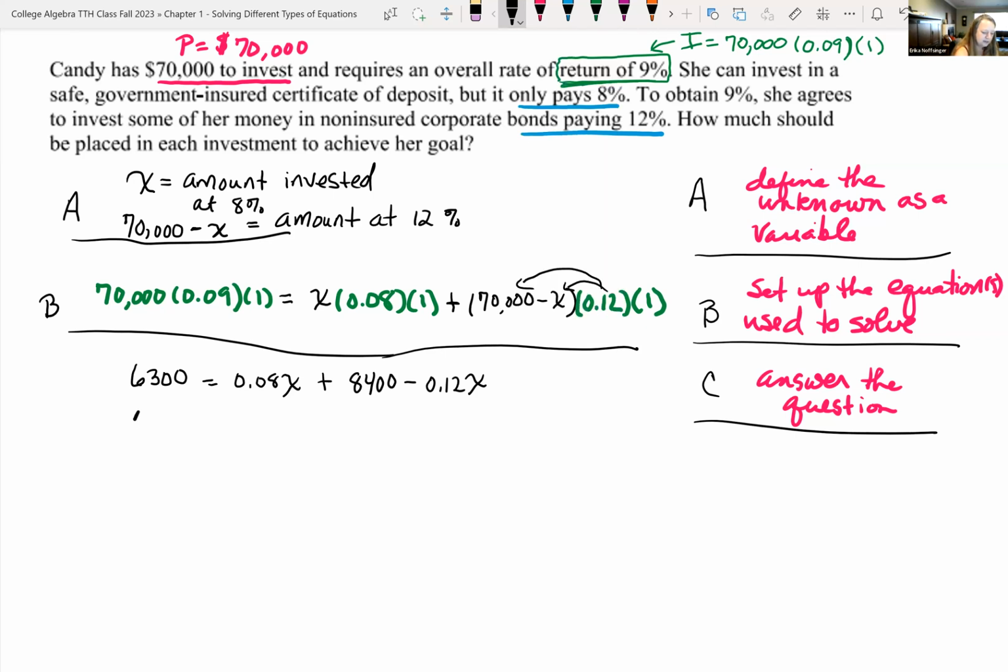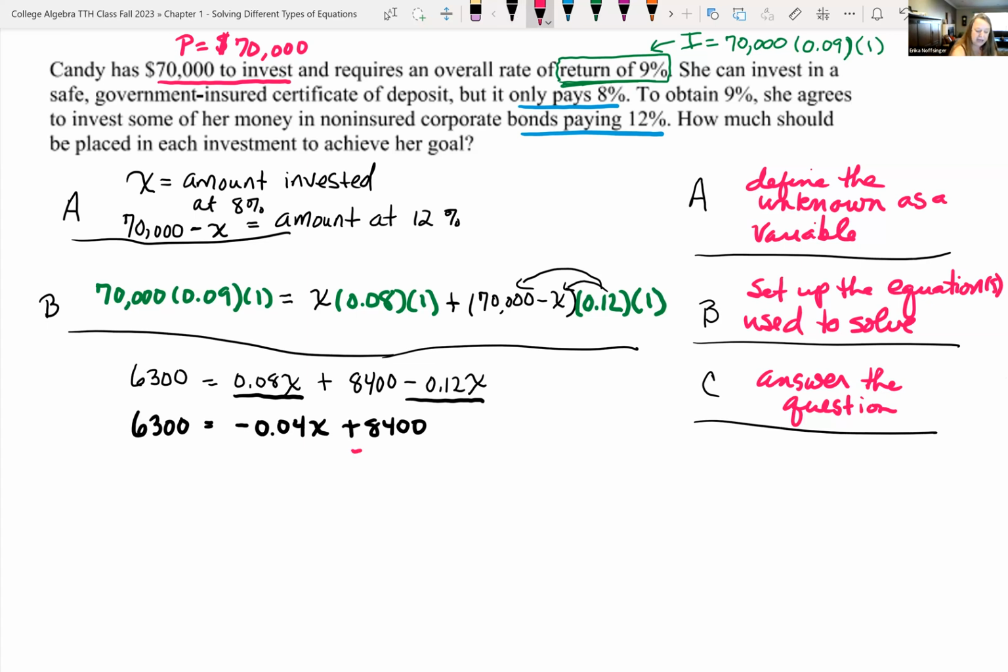Okay, so we have 6,300 is equal to, well, here we have a 0.08x minus a 0.12x. So 0.12 minus 0.08 is 0.04, but it's negative. So negative 0.04x plus 8,400. So we want all the terms with the variables on one side, all the terms that are constants on the other side.